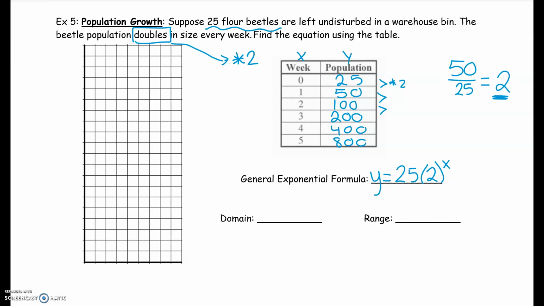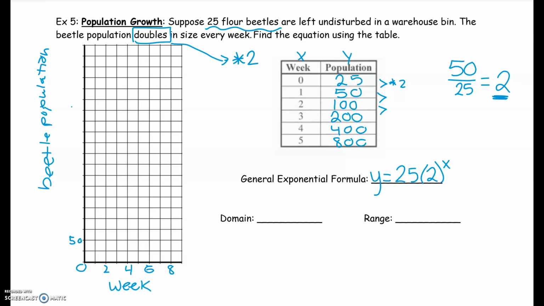So let's go down here and we're going to graph it over on the left-hand side. So our x's is going to be the weeks. I'm going to label those 0, 1, 2, 3, 4, 5, 6, 7, 8, and 9. Okay. And our y-axis is going to be the beetle population. And on that one, I'm going to label every single one by 25.